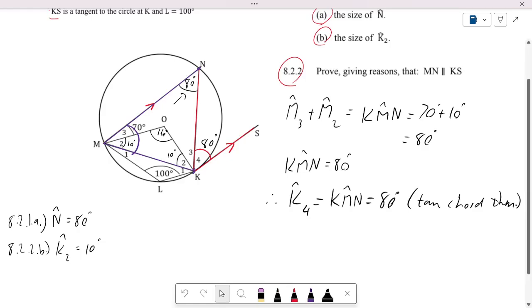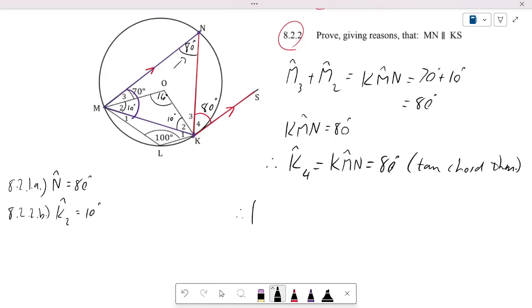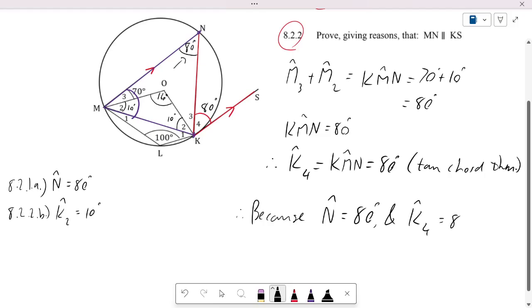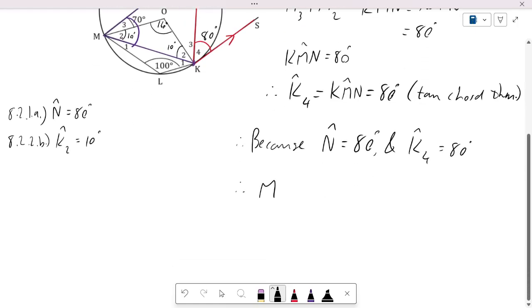So because angle N is equal to 80 degrees and angle K4 is also equal to 80 degrees, therefore MN is going to be parallel to KS because of our alternate angles, which are equal.